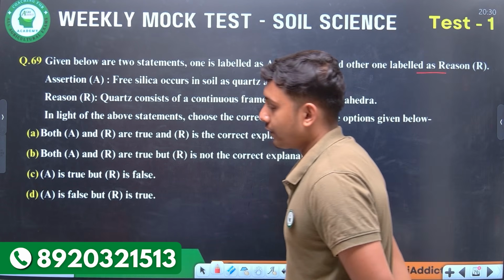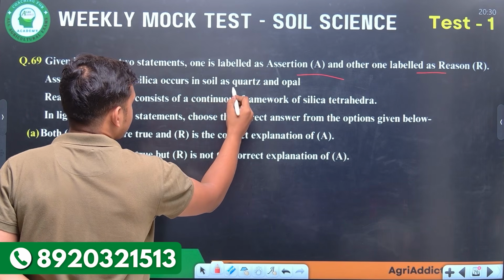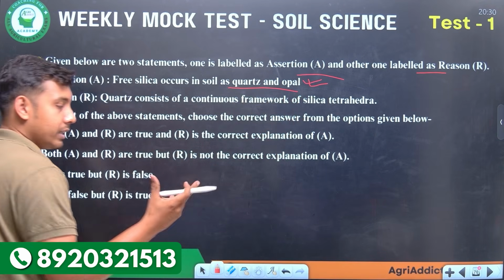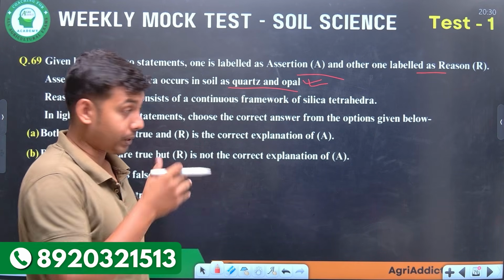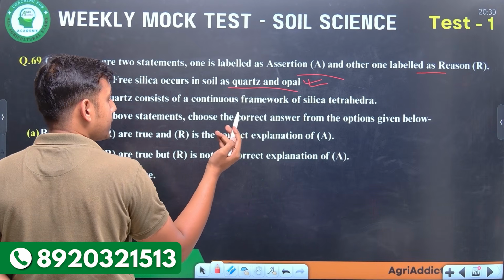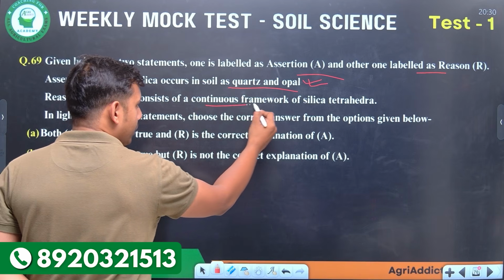See the first assertion: free silica occurs in soil as quartz and opal. Yes, it is true. We know that silica is present in the soil as quartz and opal, and quartz consists of a continuous framework of silica tetrahedra.